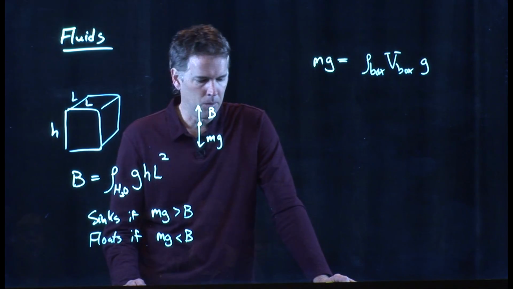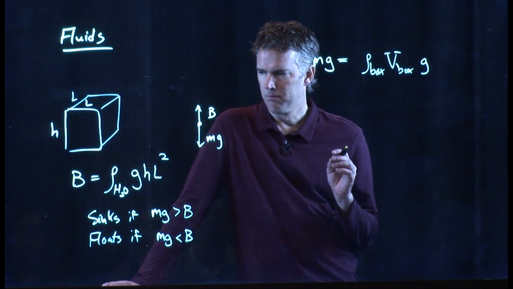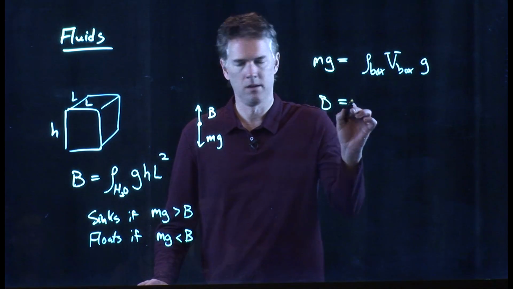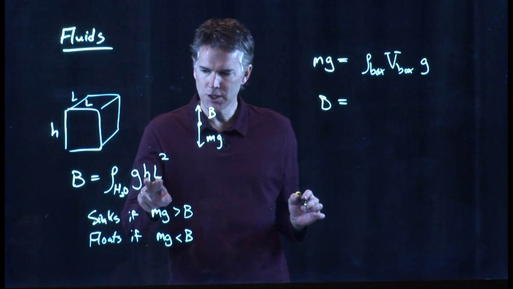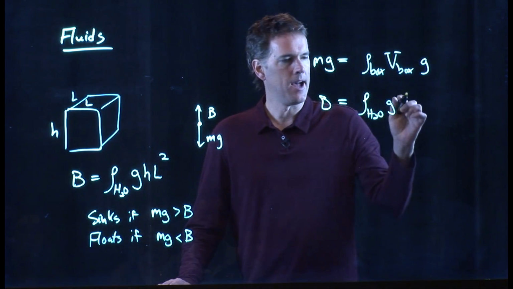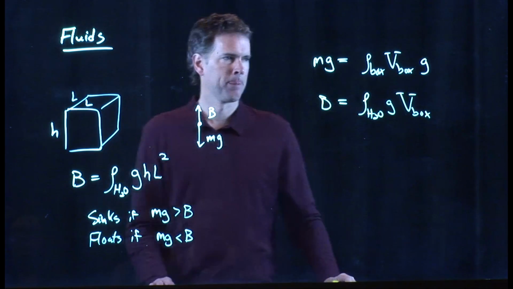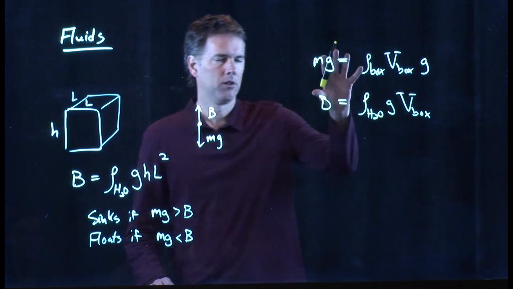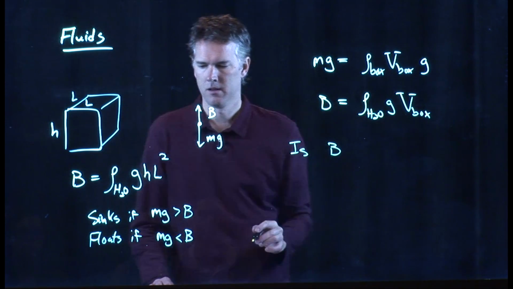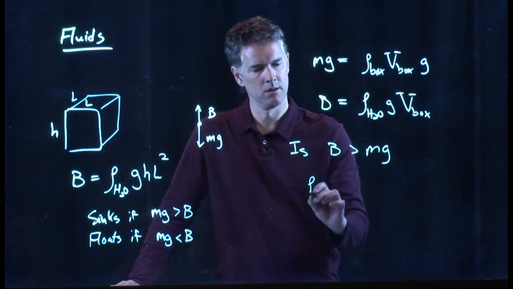All right, but we also know that the buoyant force, which is this, g H L squared, that is the same as volume of the box. And so now we're just going to see which one is bigger. Okay, is B going to be bigger than mg, or is B less than mg?